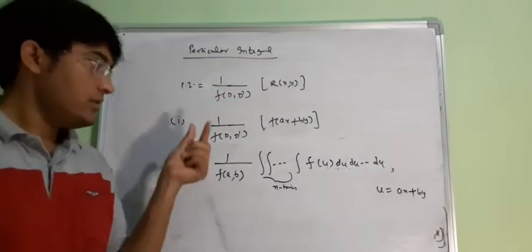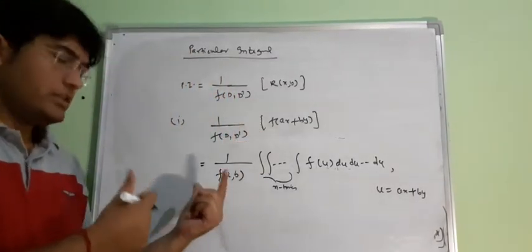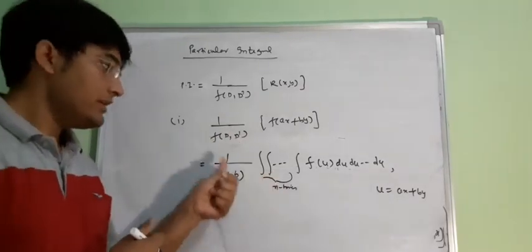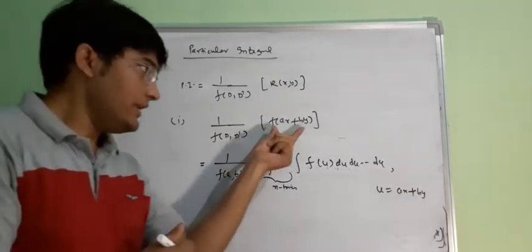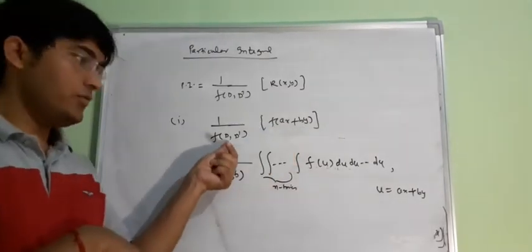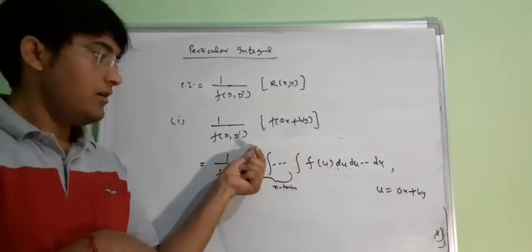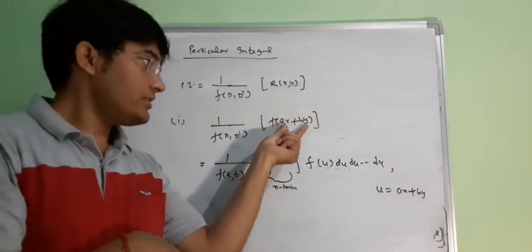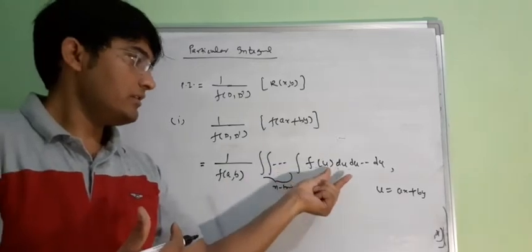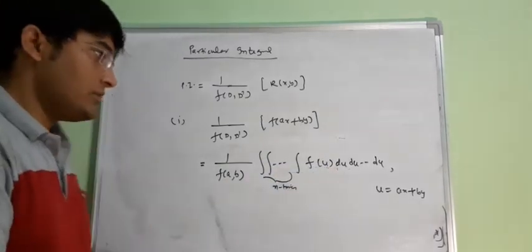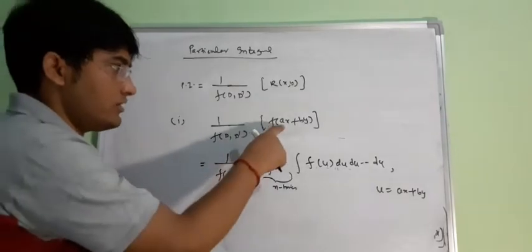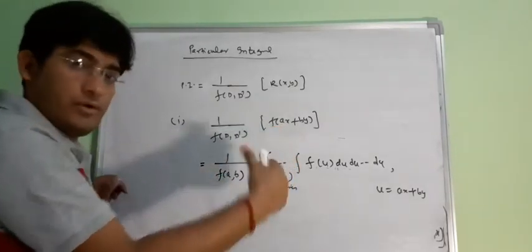That means this is a very simple formula. For that we will replace D by a, D dash by b, and will integrate this bracket up to the degree of D and D dash, and we will assume that this bracket is a single function, say u. Otherwise there will be a problem: you have to guess whether you are differentiating with D or D dash.